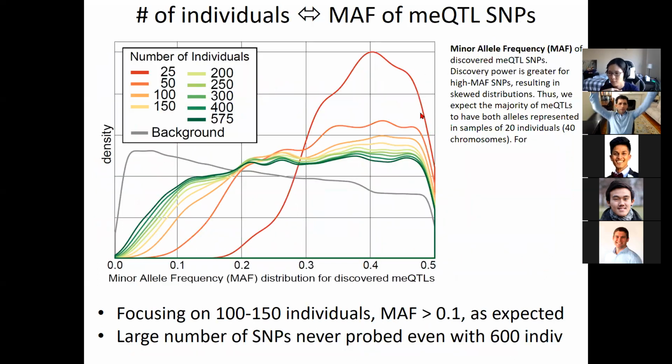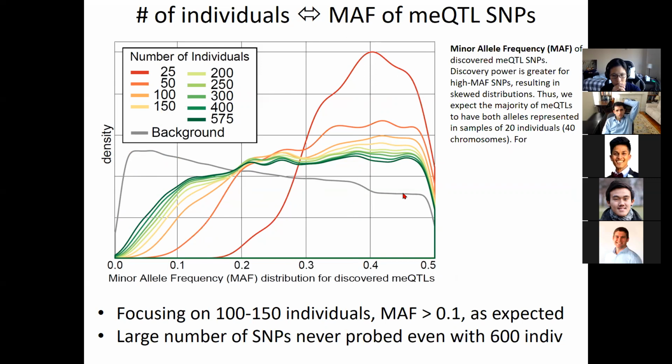Okay, the other thing to realize is that as you increase your sample size from 25 to 50 to 100 to 600 individuals, the minor allele frequency distribution is actually dramatically changing. So the background distribution across all individuals is that there are many variants of weak effect, of lower allele frequencies.